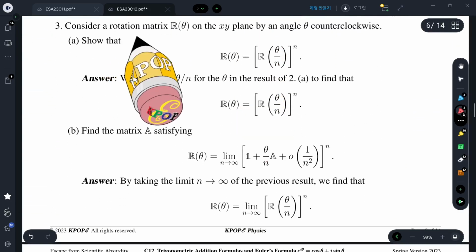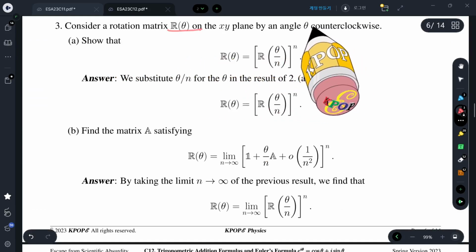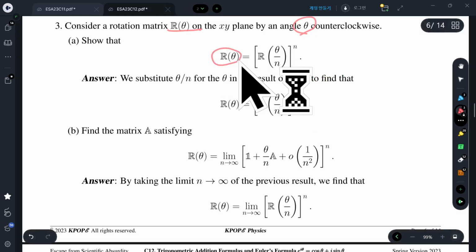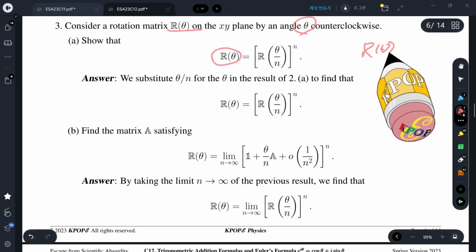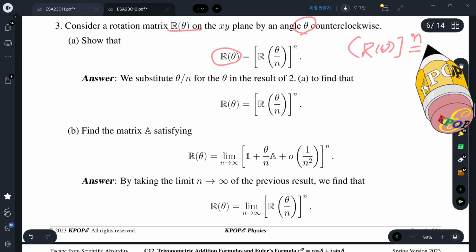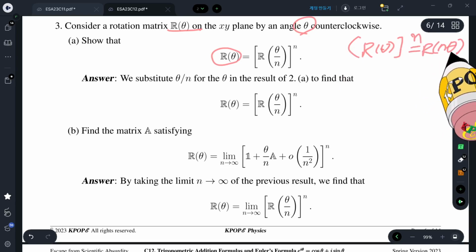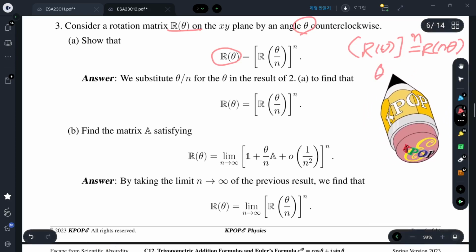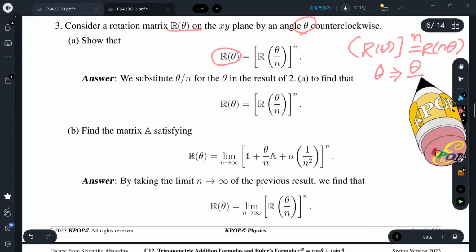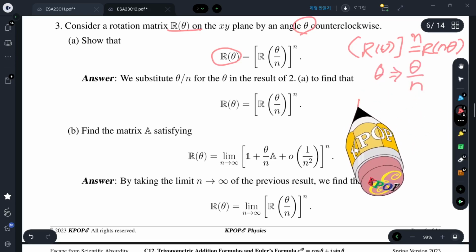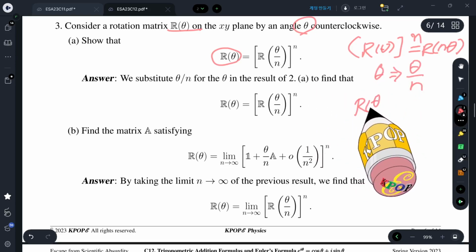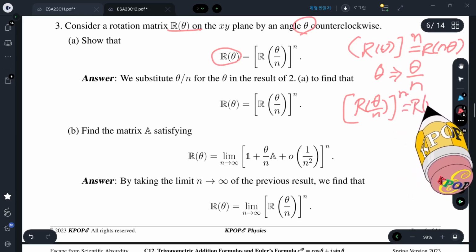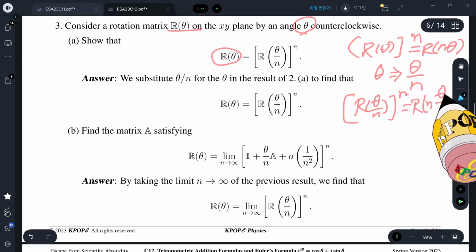Third, consider the rotation matrix of the xy plane by an angle theta. Okay, because R theta to the nth power is R n theta, why don't we replace this theta with theta over n? Then it's R theta over n to the n equals R n times theta over n.